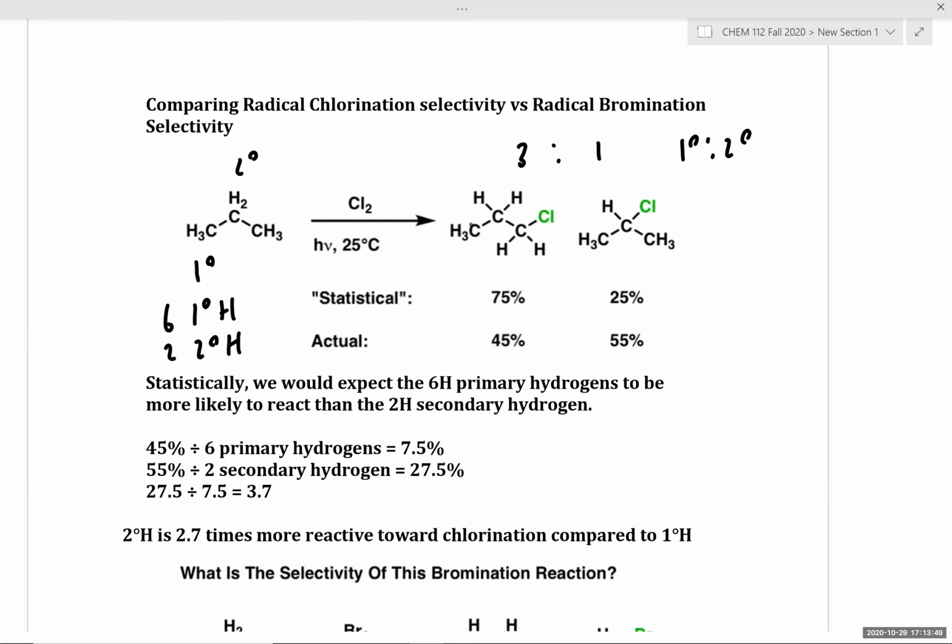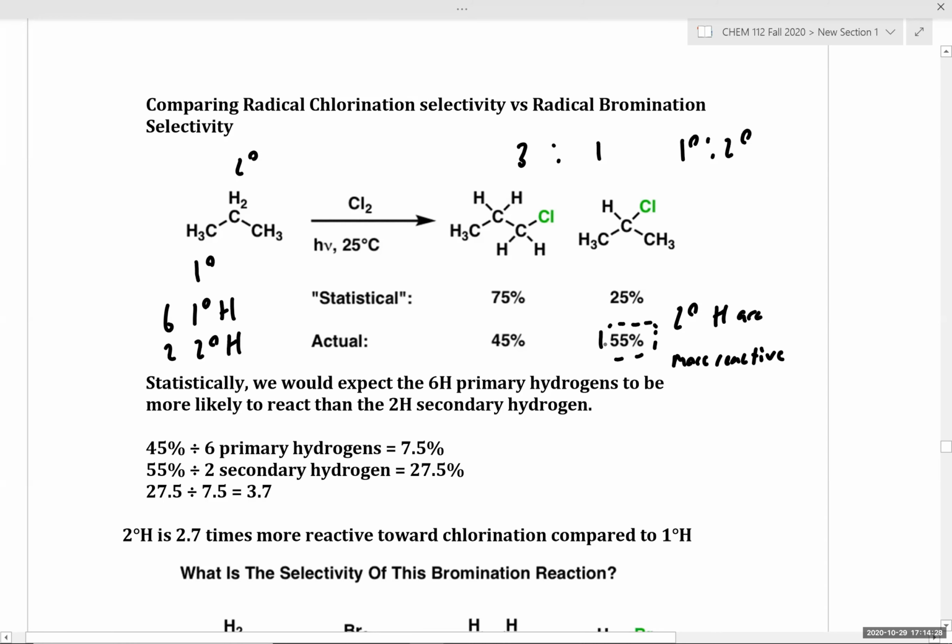primary hydrogen. However, in reality, what we observe is that the secondary hydrogens are substantially more reactive. And we can estimate this selectivity factor by comparing our estimated probability of reaction to the actual observed reaction ratio.